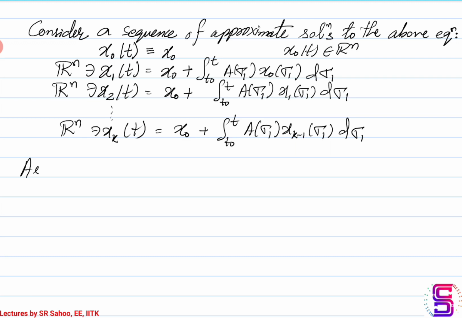So as k approaches infinity, this is a series: x0, x1, x2, x3, x4, xk, and then it just keeps on going. So it is an infinite series.